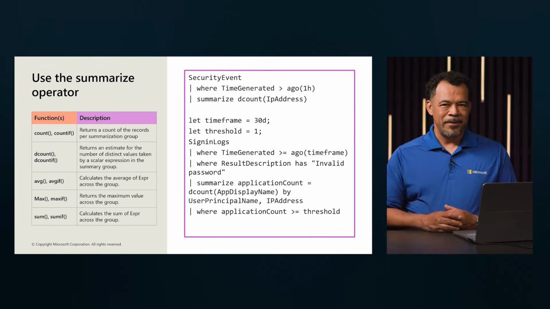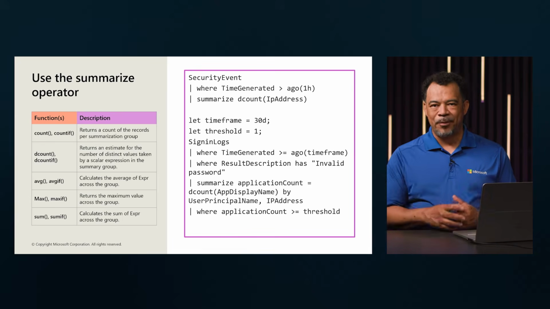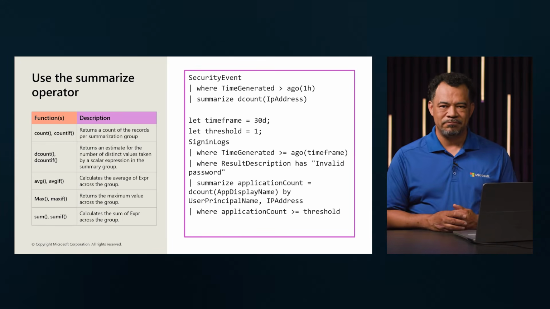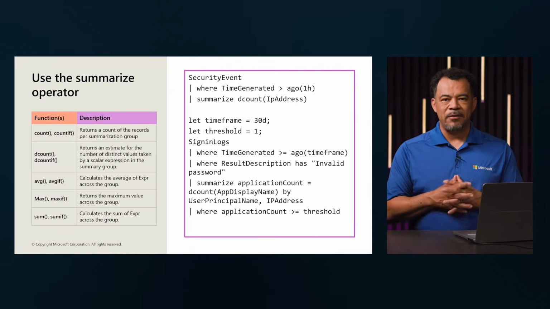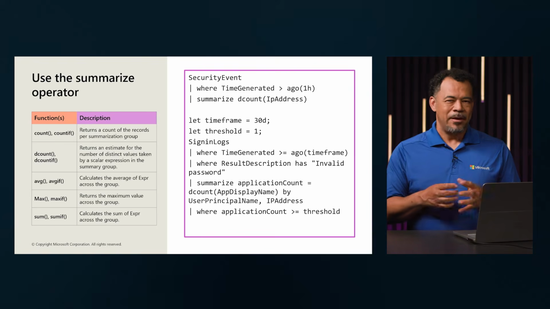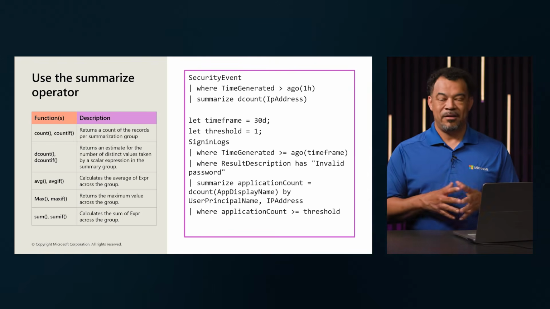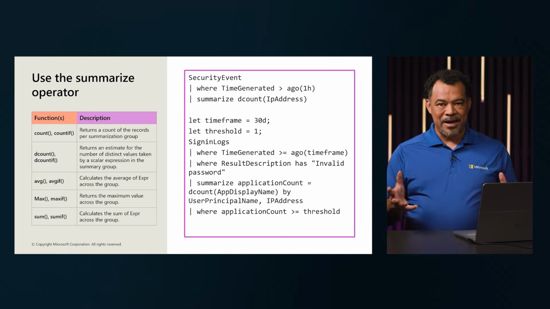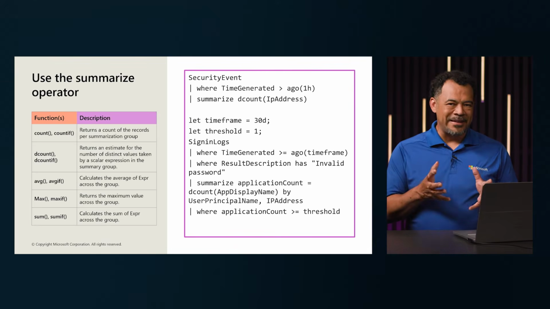After summarizing, it's super common to use the project command to clean up the output, maybe to rename columns or just show the ones you care about. For example, you might summarize login events by username and then use the project to rename the count column to something like login attempts. Together, summarize and project give you a powerful way to analyze trends and present clean and focused results.